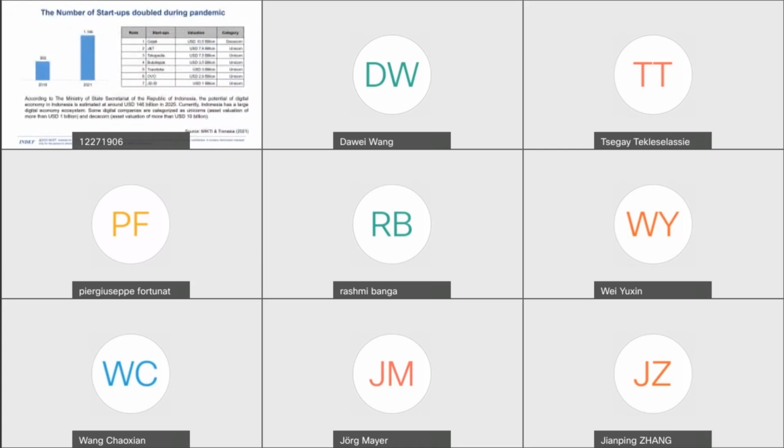And the number of startups doubled during the pandemic. We have many unicorns. These are the 7 biggest unicorns in Indonesia, for instance, Gojek, GNT, Tokopedia, Bukalapak, Traveloka, OVO, and GDID.